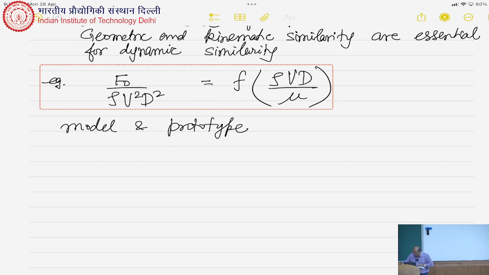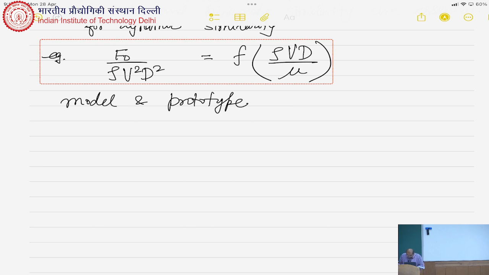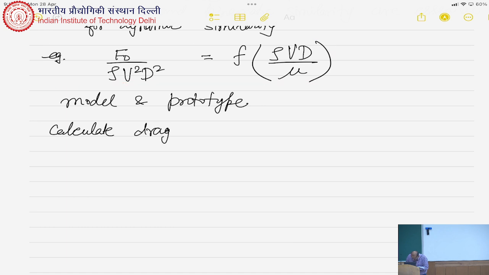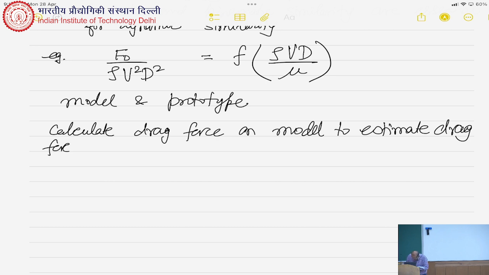So what we calculate is the drag force on model to estimate the drag force on prototype.